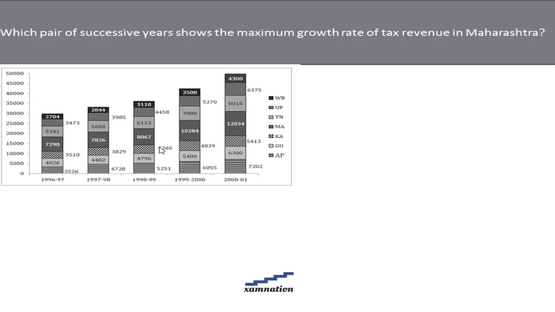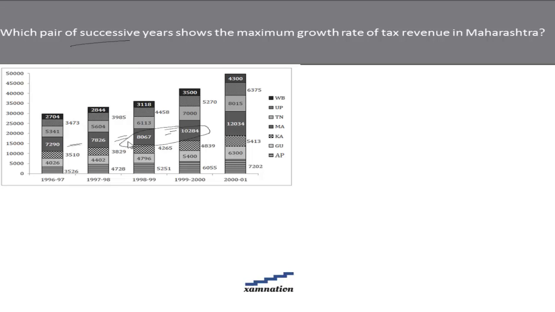Okay, so which pair of successive years shows the maximum growth of tax revenue in Maharashtra? For the Maharashtra data, we need to find which pair of successive years shows the maximum growth. So here you can find the difference between these taxes.